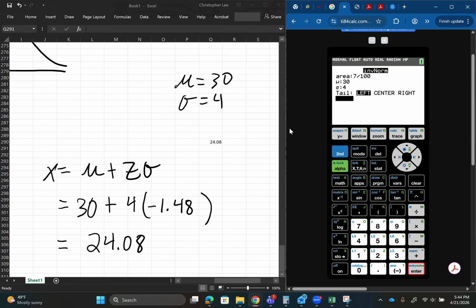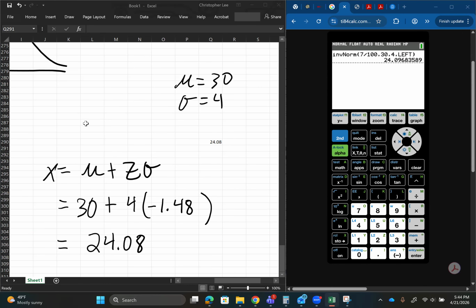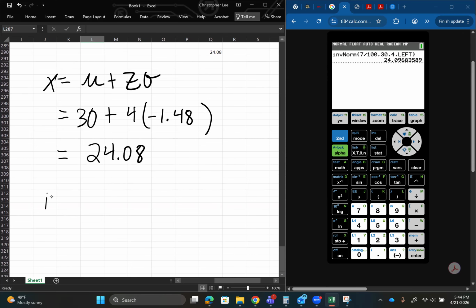Go down to paste. Same answer. So, my fault. For you, it's second data and then inverse norm.